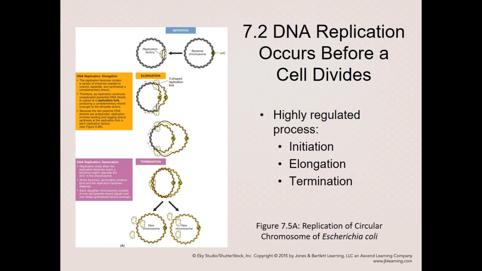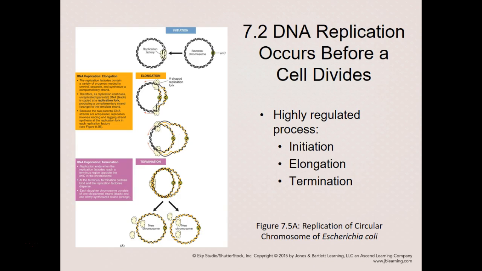DNA replication, you probably remember this from your Gen Bio class, or if you're in anatomy and physiology, you probably remember it from A&P class. So there are three basic processes for replication to occur, and this occurs both in eukaryotes and in our bacteria as well as archaea. The three processes are initiation, where we're going to unwind and unzip our DNA so that the DNA polymerase can bind.